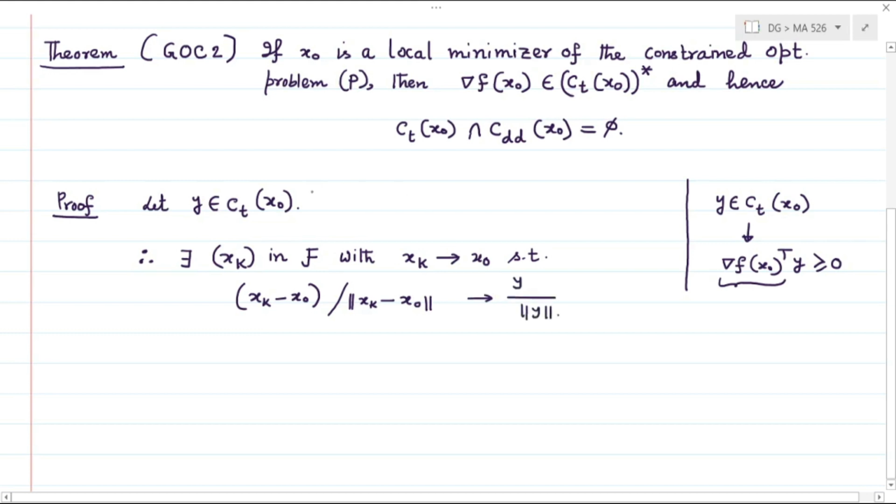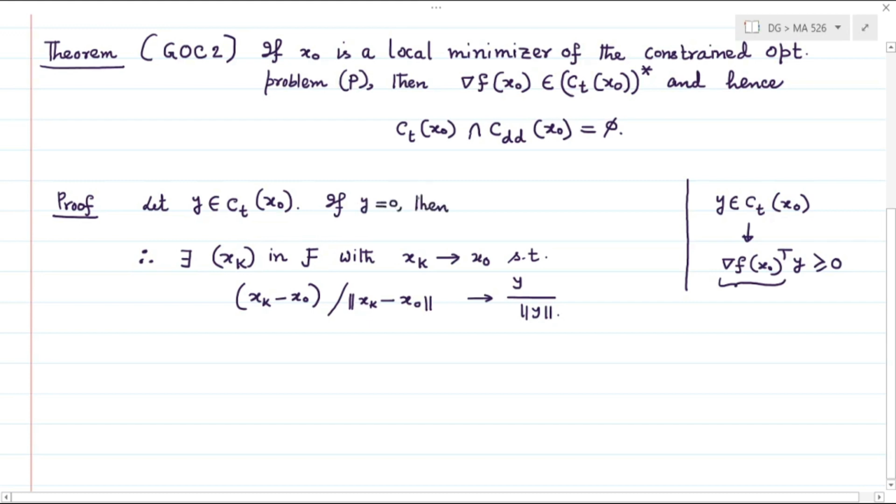Fine. So here, without loss of generality, we go with the proof for y not equal to 0. If y is equal to 0, then obviously grad f x naught transpose times 0 is greater than or equal to 0, and hence this belongs to the dual cone, right?